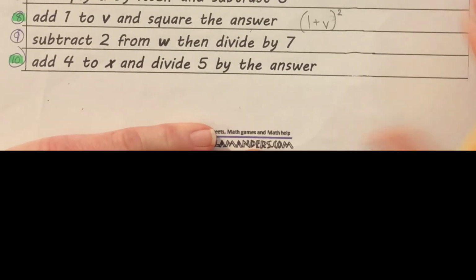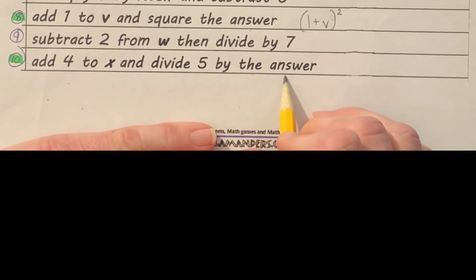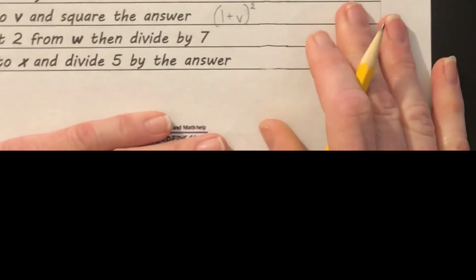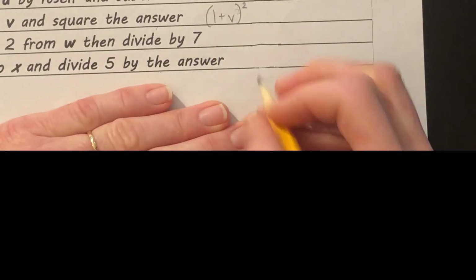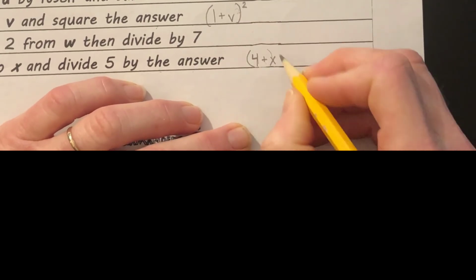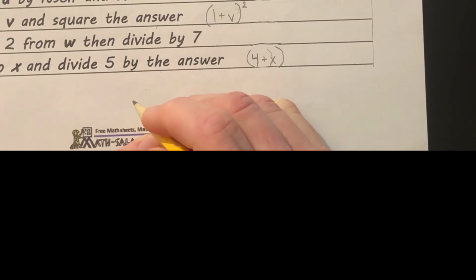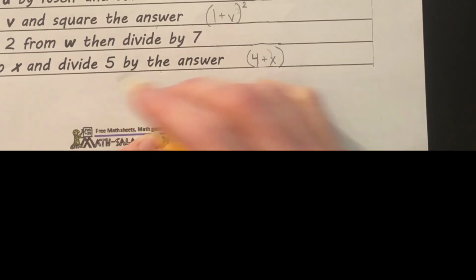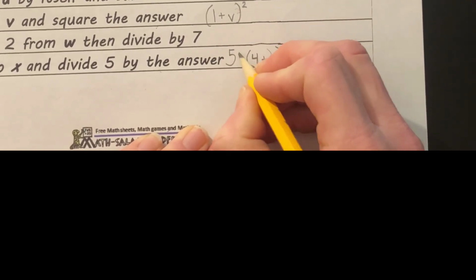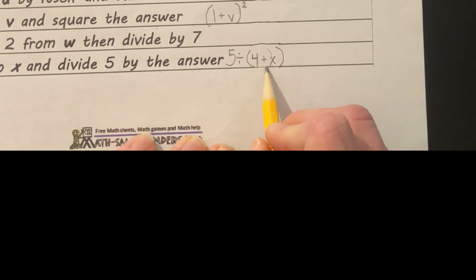Finally, number 10, add 4 to X and divide 5 by the answer. Now this one is significant. Add 4 to X. I'm going to come over here. 4 plus X. Divide 5 by the answer. That means I start with 5, so I divide 5 by that.